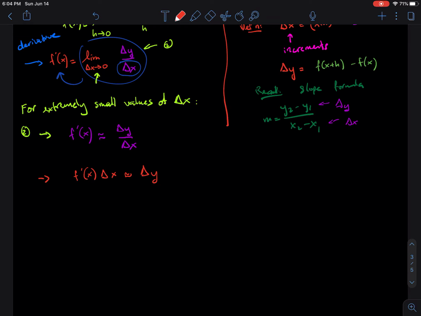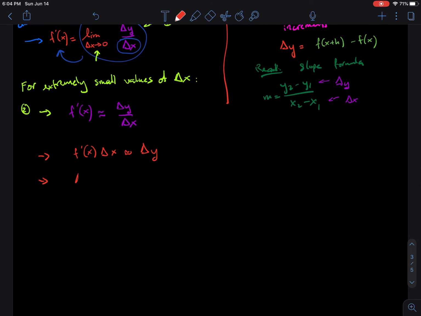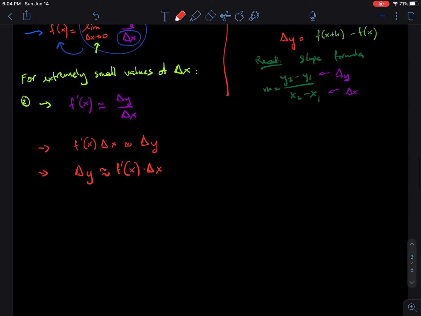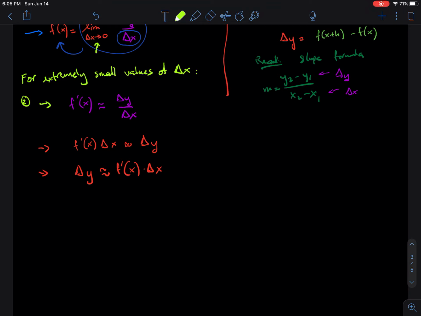The delta y is approximately f prime of x times the delta x. Let's rearrange that. This is true. This is saying that the change in the y values can be approximated by the derivative of the function at that particular value x times the increments of x.